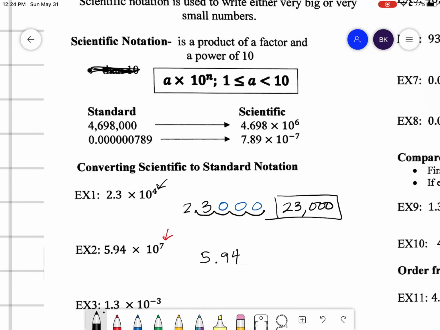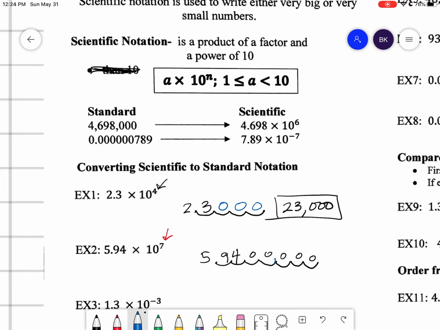And I'm going to jump 7 times to the right from my old decimal to my new one. So let's take a look. 1, 2, 3, 4, 5, 6, 7. I'm going to fill them in with zeros and write down my answer, which is a really big number.